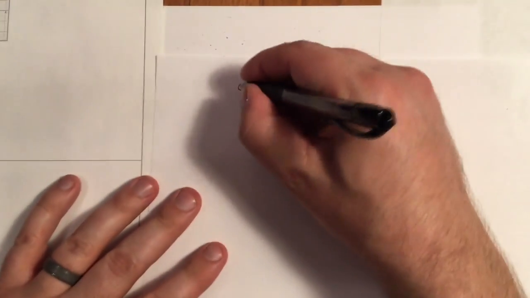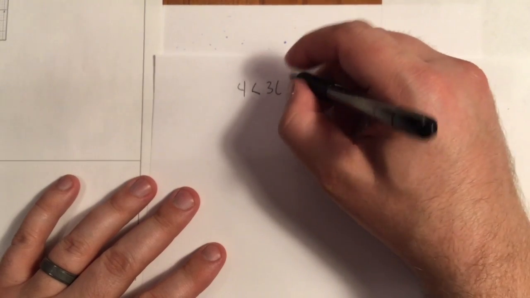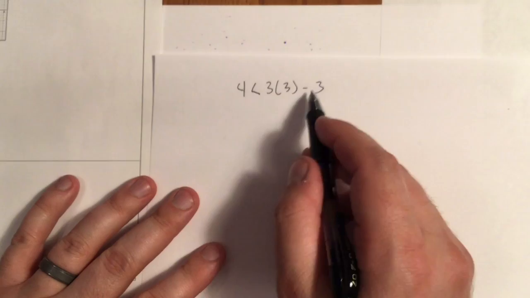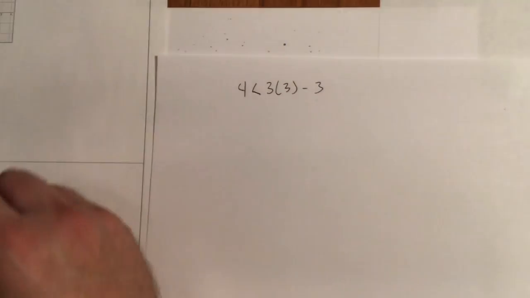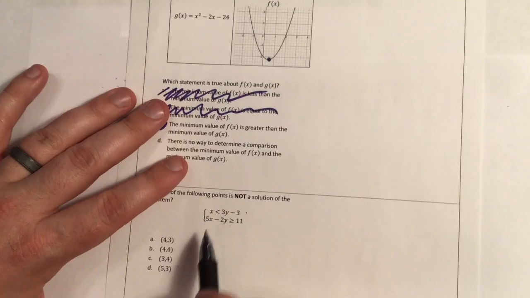Okay, so x is 4, so is 4 less than 3 times 3 minus 3? Well, that's 9 minus 6. Okay, yeah, that does work for equation 1. 4 and 3 do work for this one, so let's see if it works for the second one.